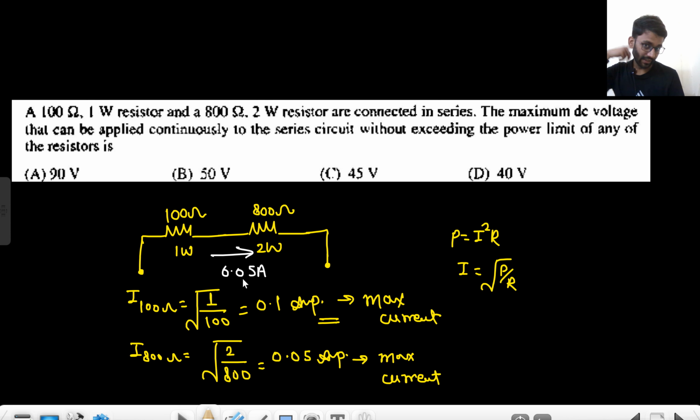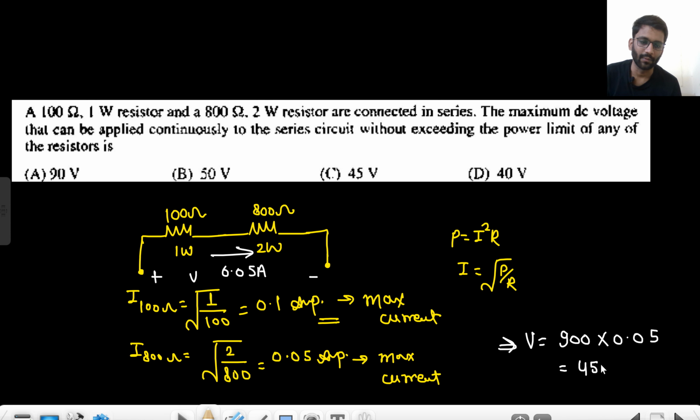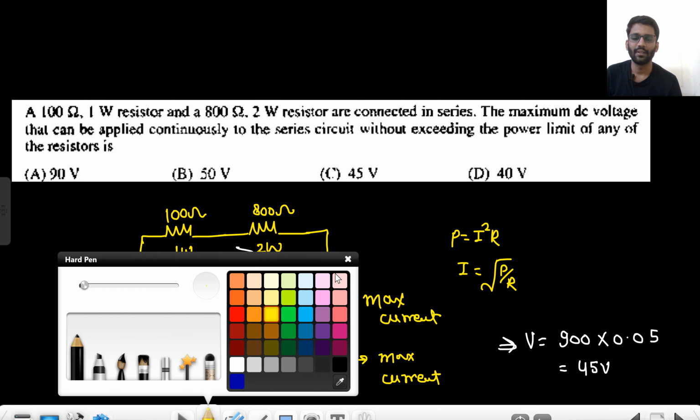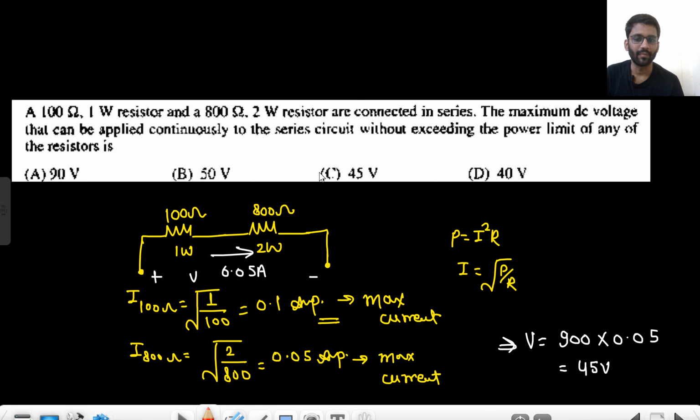So 0.05 ampere across 900 ohm resistance. So your voltage drop will be 900 into 0.05, that means 45 volt. So this is the safe voltage, because we have to give them the minimum, right?